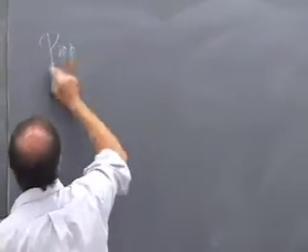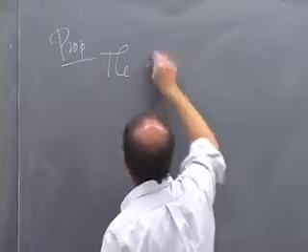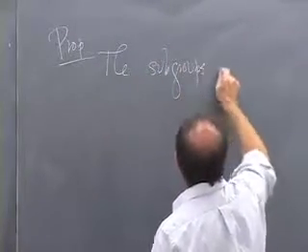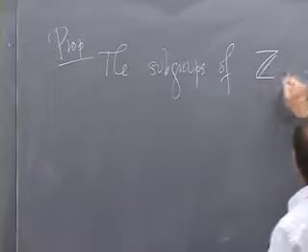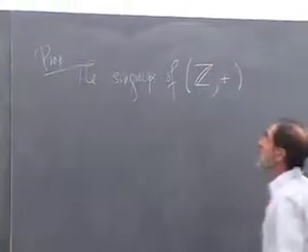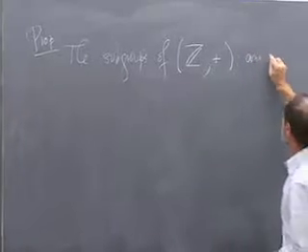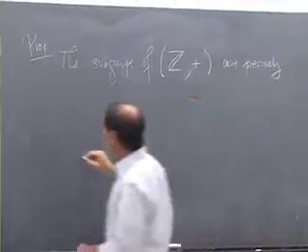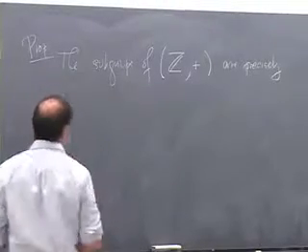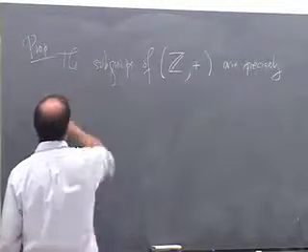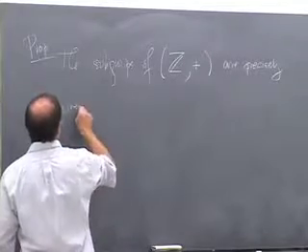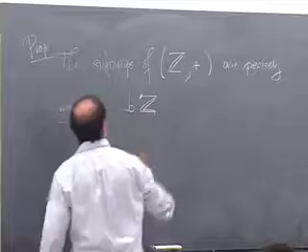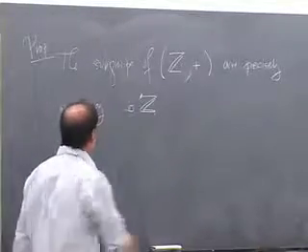Proposition. The collection, the subgroups of the integers under addition, that's an abelian group, are precisely given by bZ, all multiples of a fixed integer under addition.